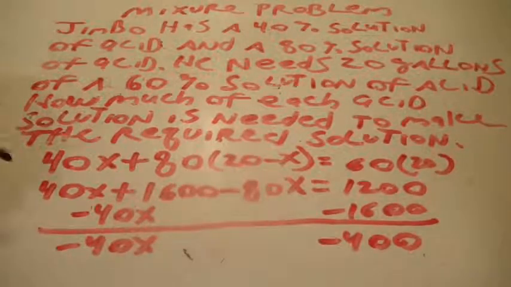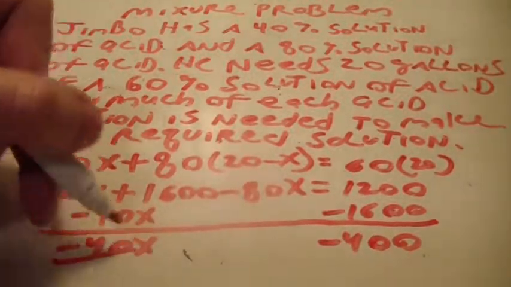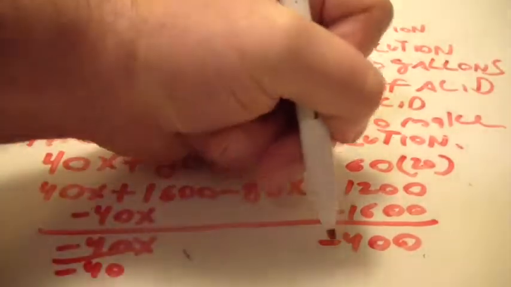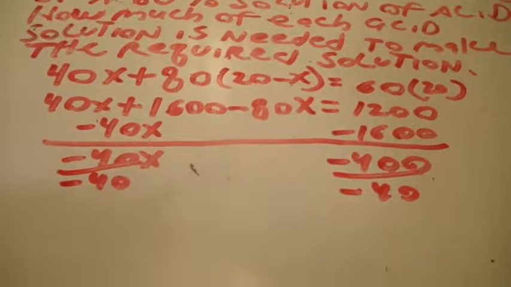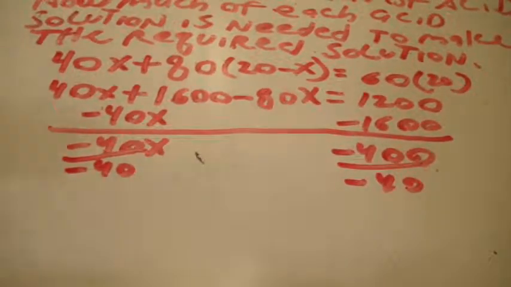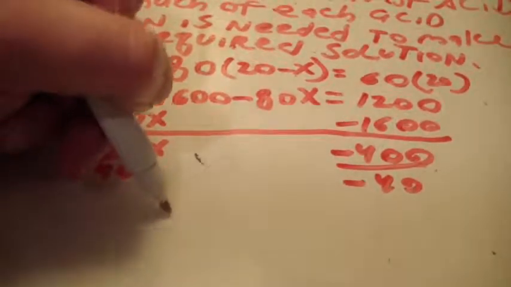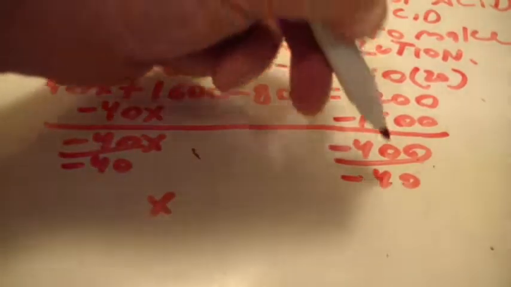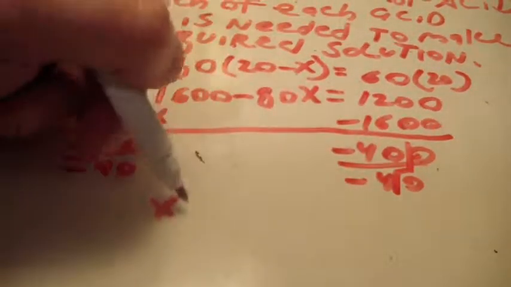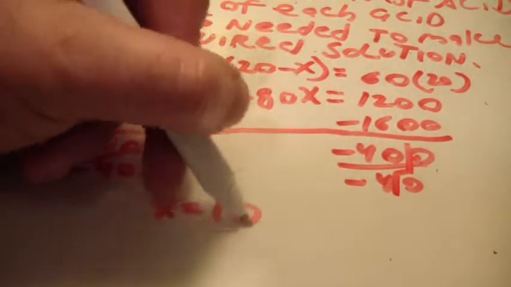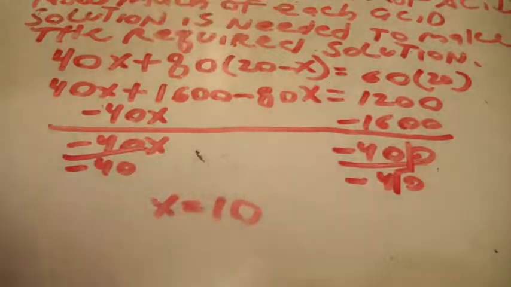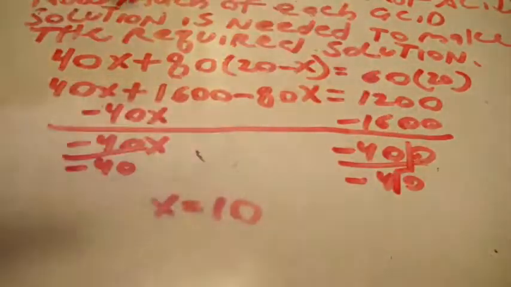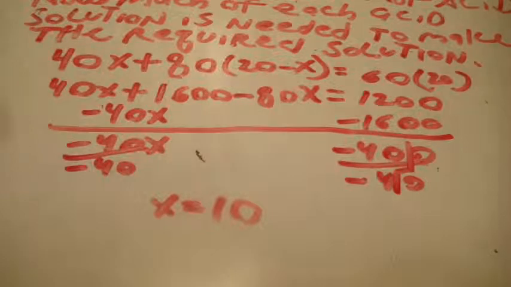Now we simply divide both sides by 40, giving you this really awesome number, x equals 10, right? Because a negative 400 divided by negative 40 is simply 10, right?